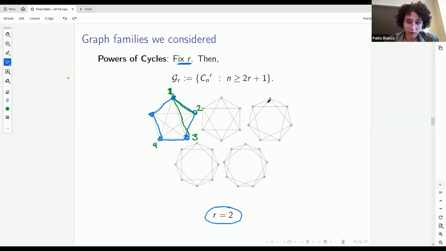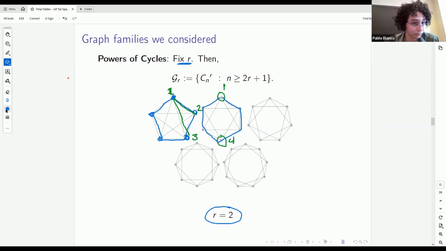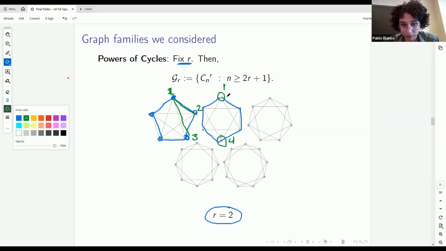It's a little more useful to see in a bigger graph like this one. So this is still 1, but this is 4. The underlying graph is going to be a cycle in this family. To reach 4, I would have to take this one and that one, and that's 3 away. I'm too far.